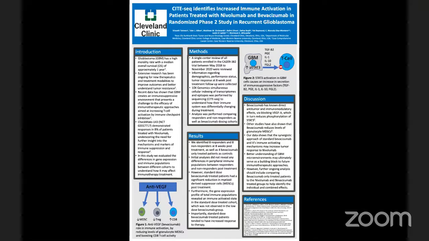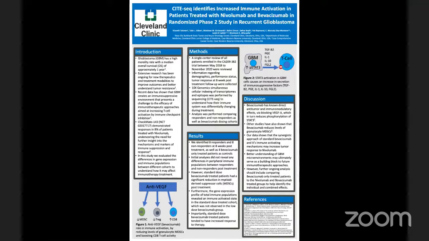Glioblastoma is the most common, most lethal primary brain tumor. There's been a big recent push towards the use of immunotherapies, such as anti-PD-L1 inhibitors for treating tumors. However, previous clinical trials have shown only an 8% response rate with nivolumab for treating glioblastomas.